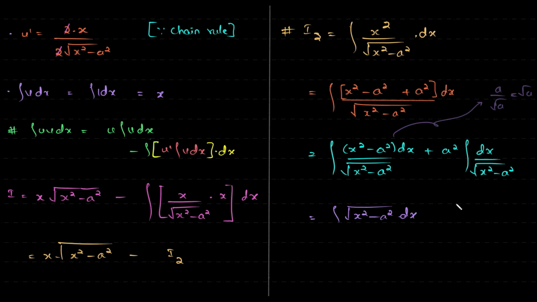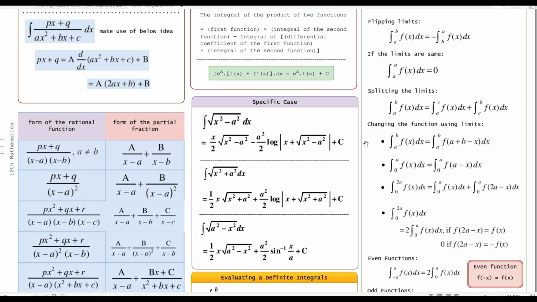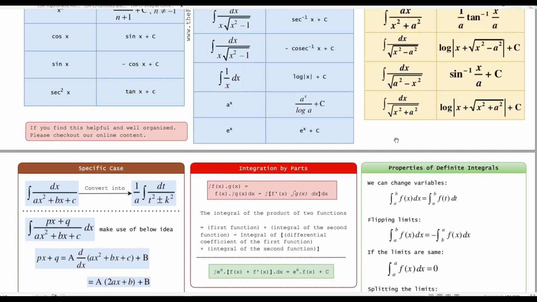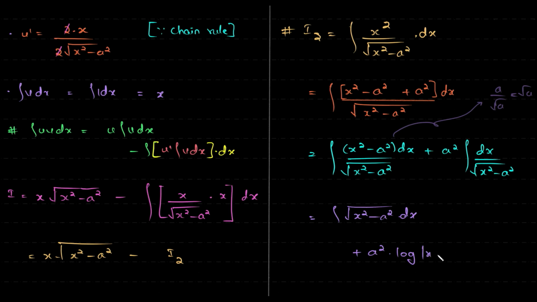Okay. Yes. Moving on. So we have a square, and integration of this is a standard formula. As I mentioned before, we need to know this set of formulas to help us out. So what is it? Log of modulus of x plus square root of x square minus a square, and a constant.